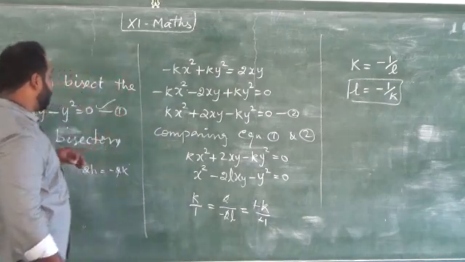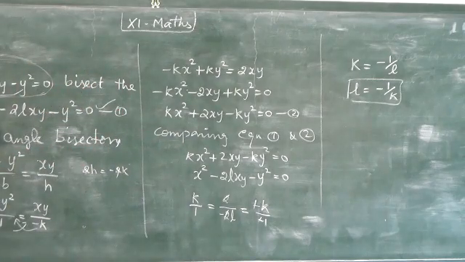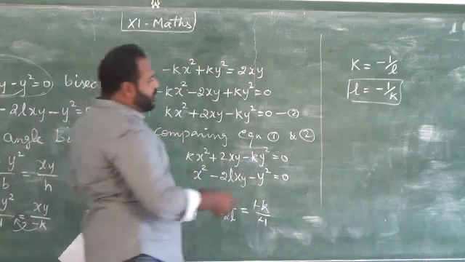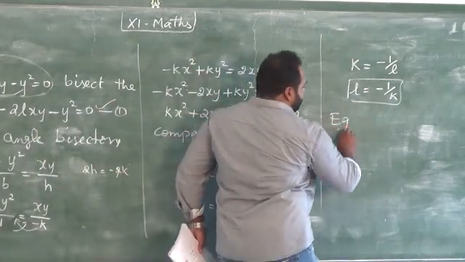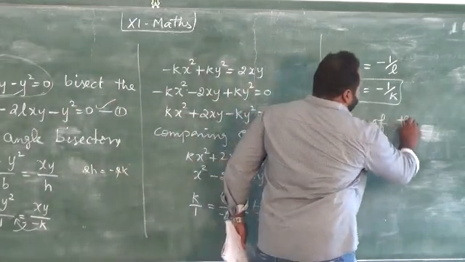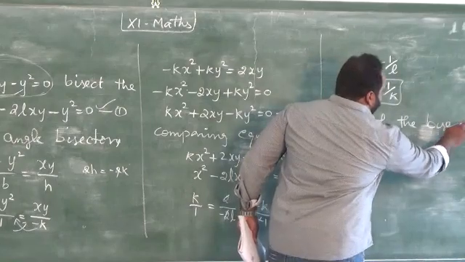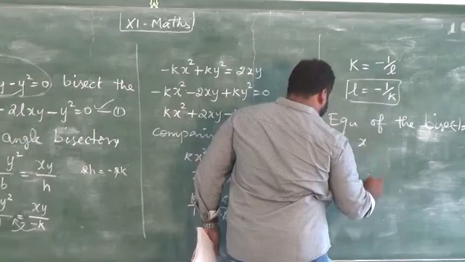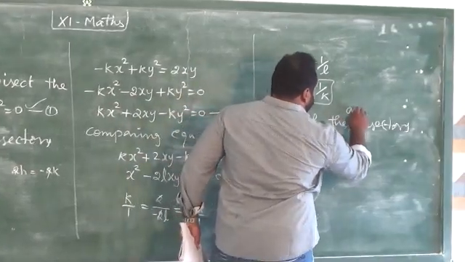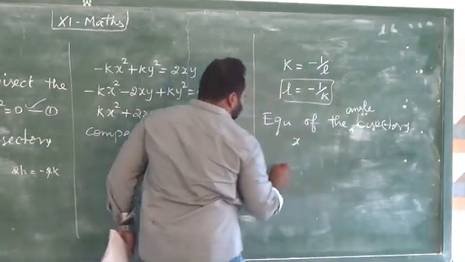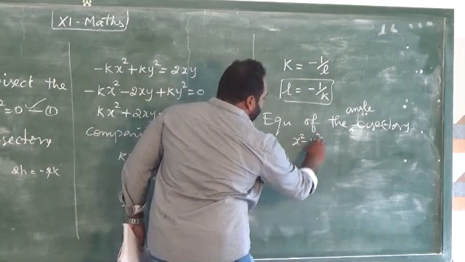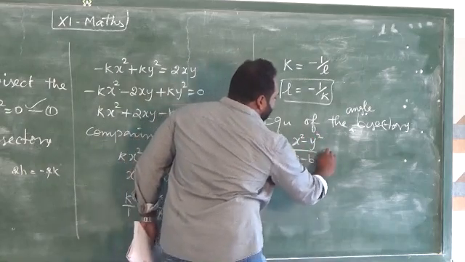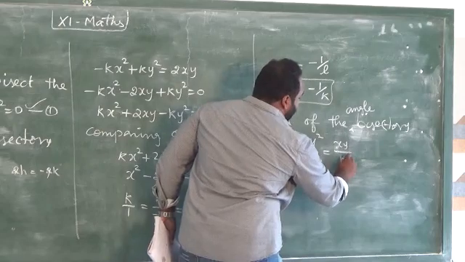Next I am going to find out the equation of the bisector for this line. So equation of the angle bisectors: x square minus y square by a minus b equal to xy by h.